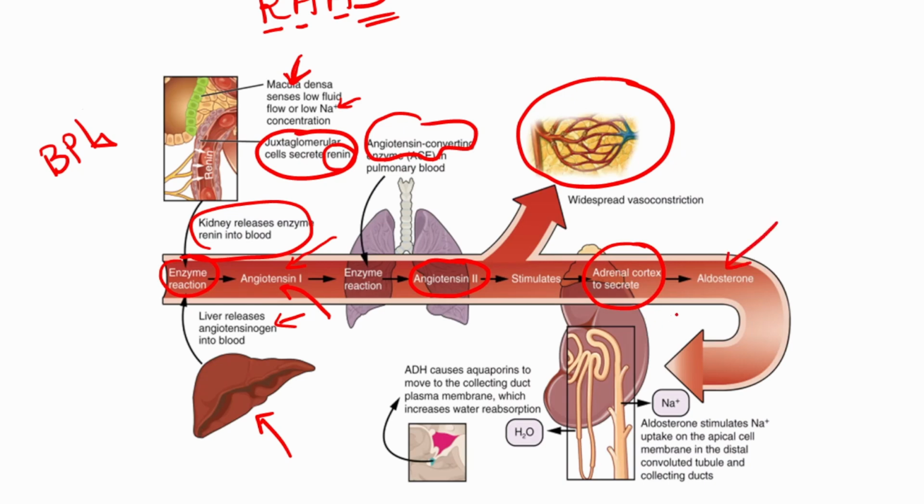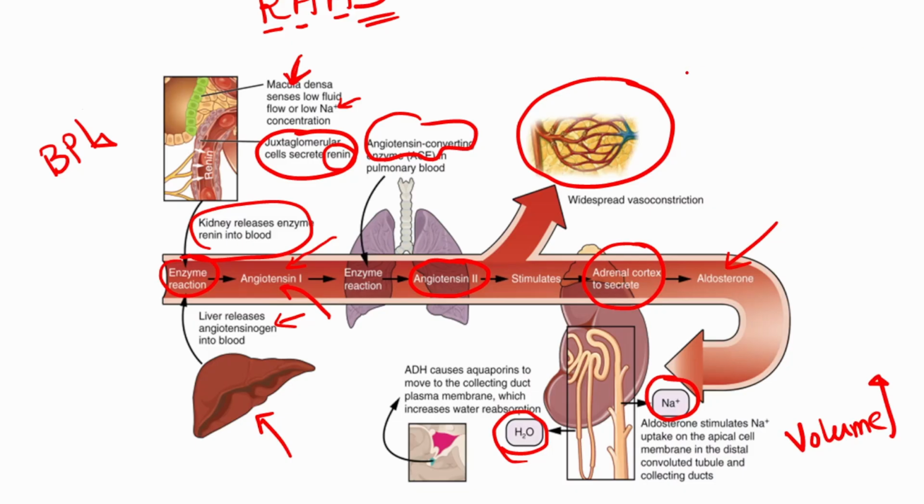Aldosterone travels to the renal distal tubules and collecting ducts, upregulating apical sodium channels to maximize sodium uptake, which pulls water along with it. This combined fluid retention expands total blood volume, permanently restoring long-term blood pressure balance.